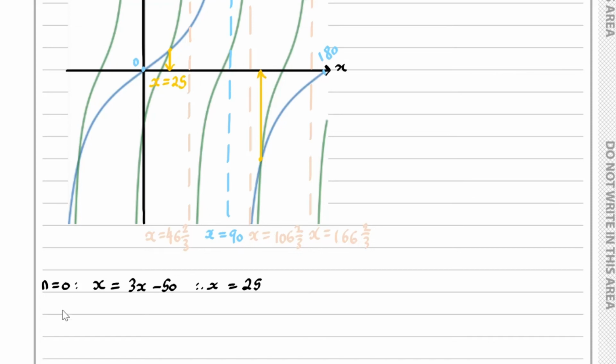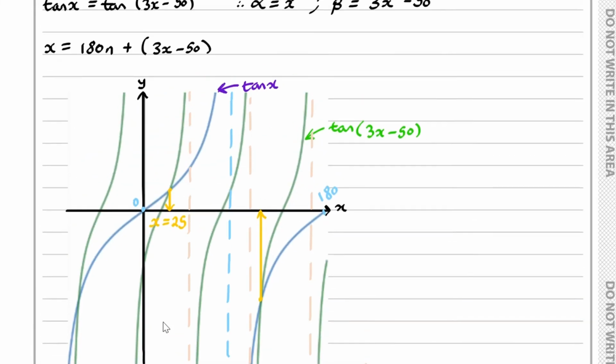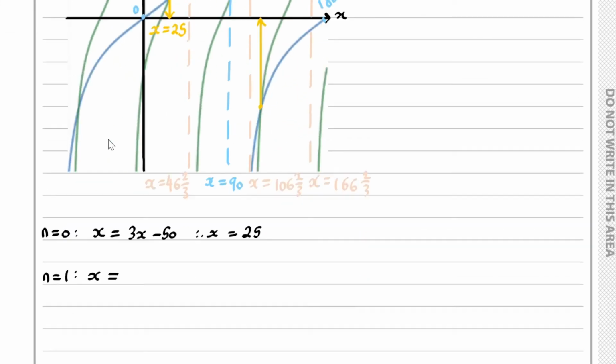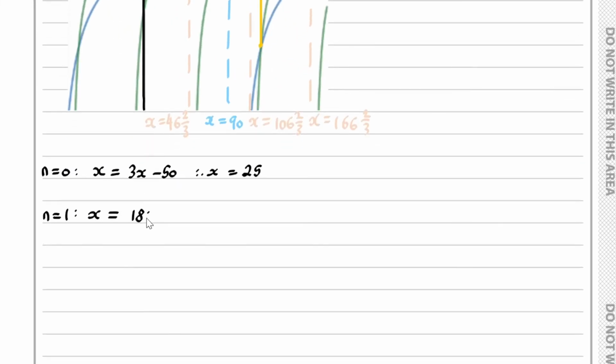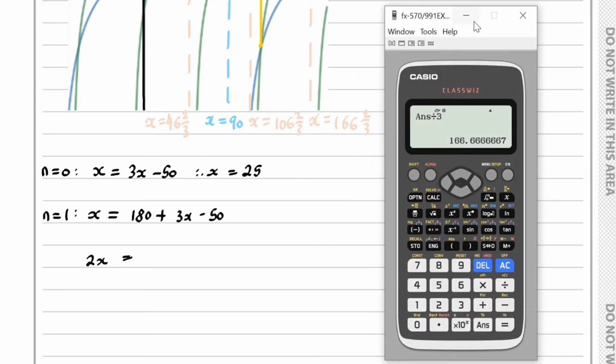And let's see what happens when n is equal to 1. So here we have x equaling 180 plus 3x minus 50. And if we find out what x is, let's just tidy this up a bit. We've got 2x equaling 180 minus 50, that's 130.